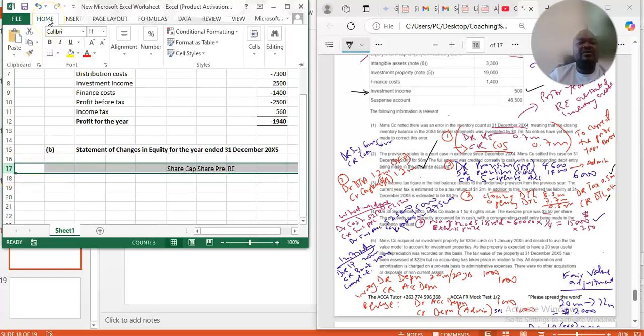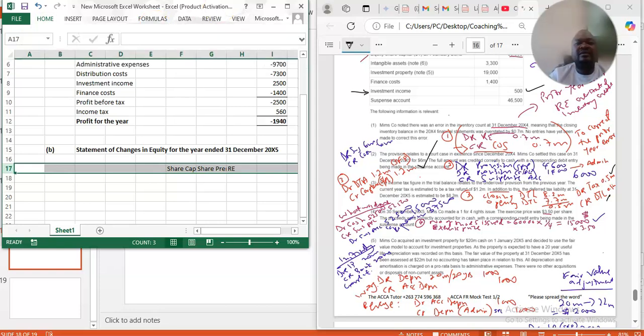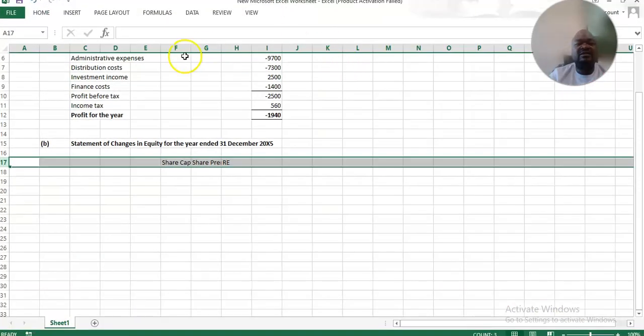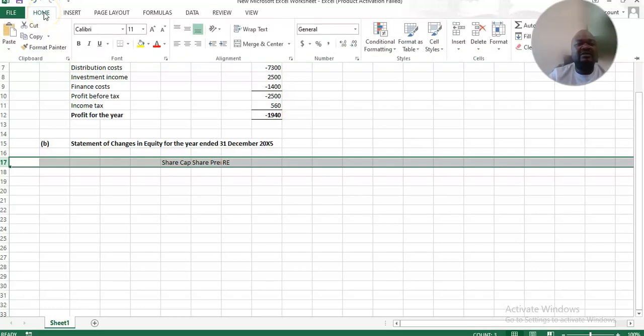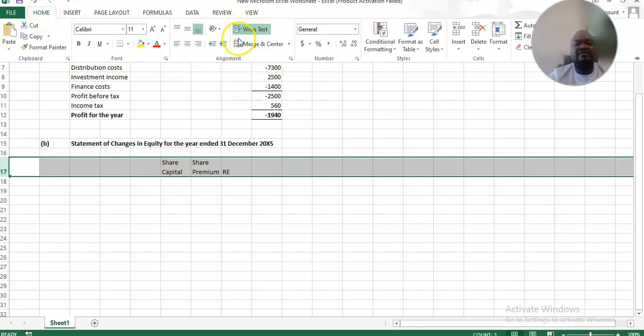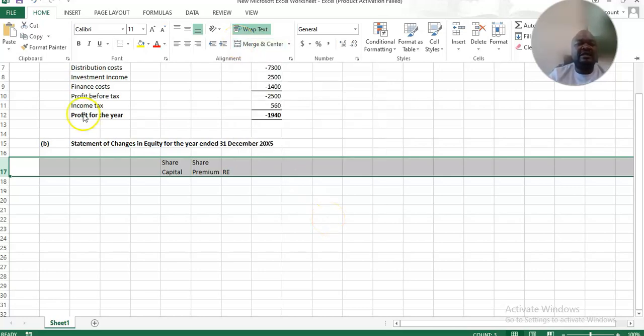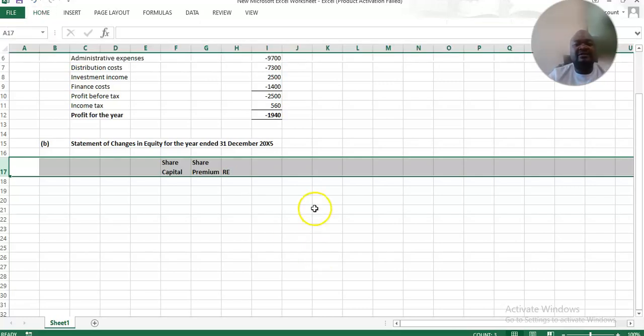Let me do some little bit of formatting, such that my work is not going to be, yeah, something like that. That's what I want to do. And thanks to Excel for listening to me. Okay, we've done that.